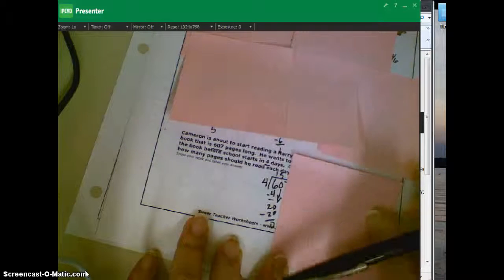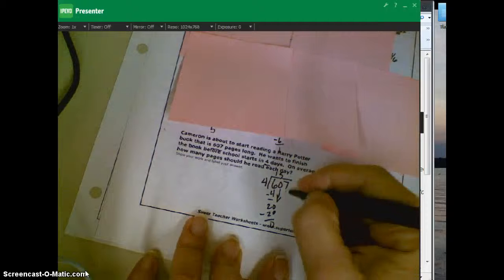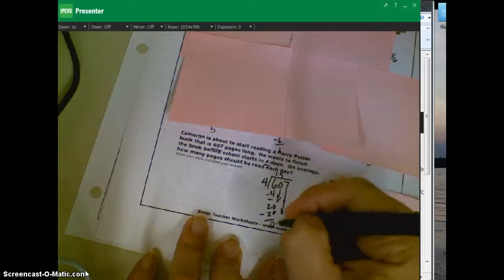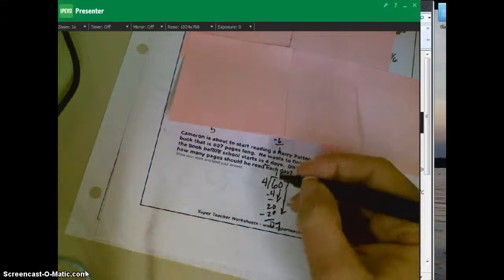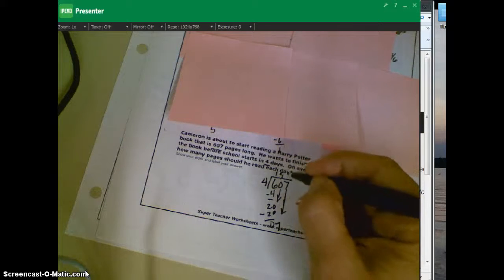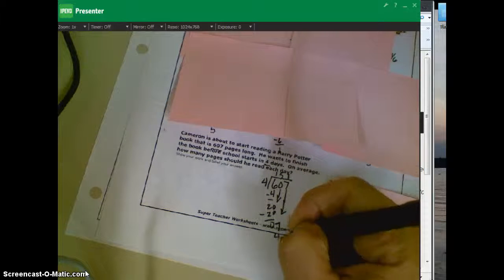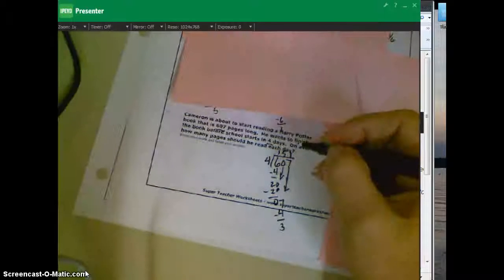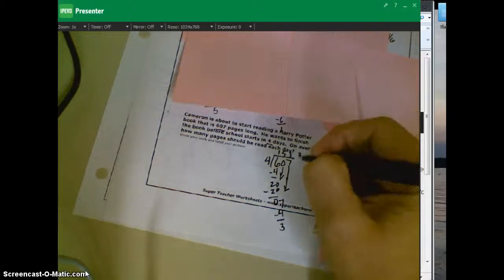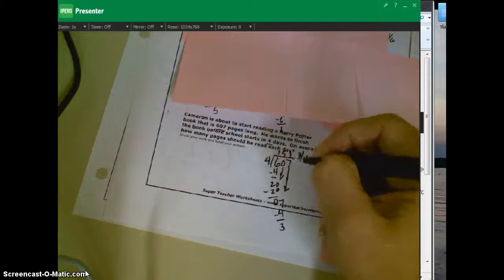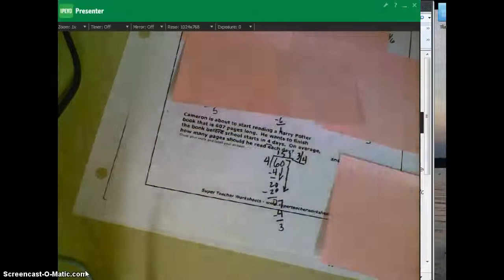Subtract and you'll get a remainder of 0, but you still have that other digit to bring down, your 7. And 4 will go into 7 1 time. Subtract, and you get a remainder of 3. So 151 and 3/4. All right, thanks for working with me.